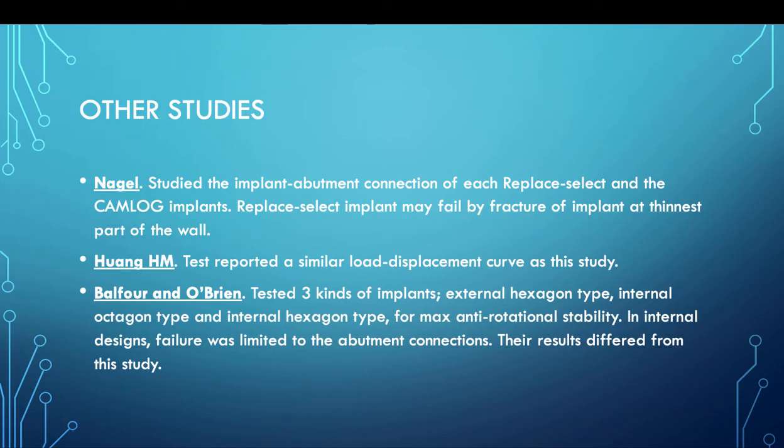They fixed a calibrated torque gauge to the abutment sleeve and applied torque until all of them fractured. In the internal octagon and internal hexagon designs, failure was limited to the abutment connections.